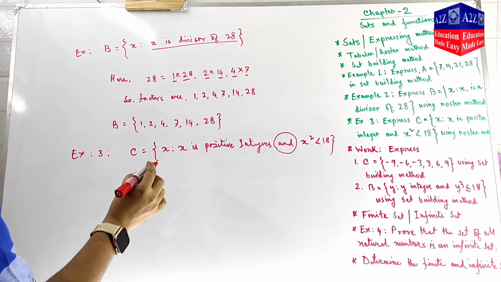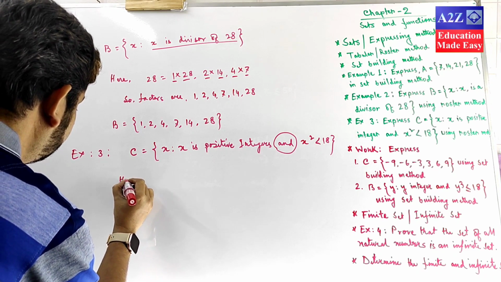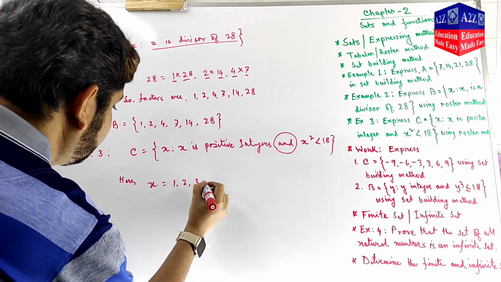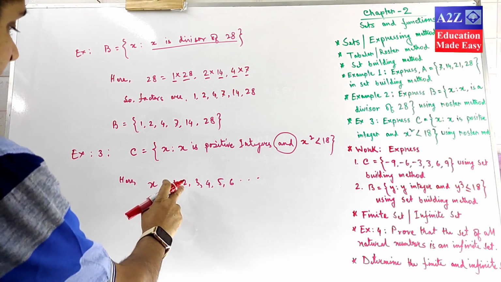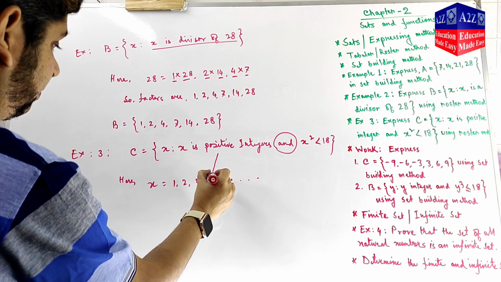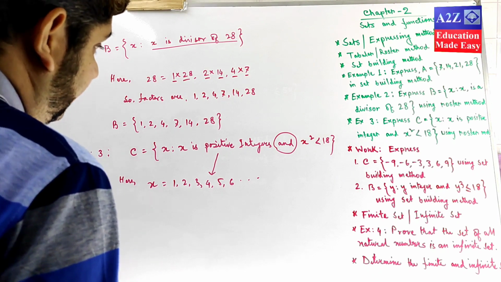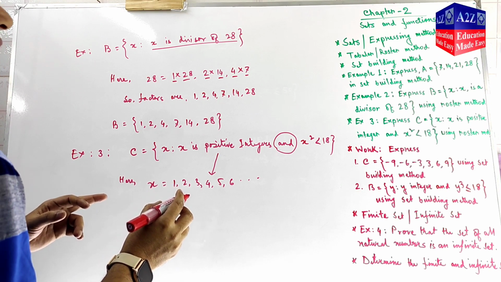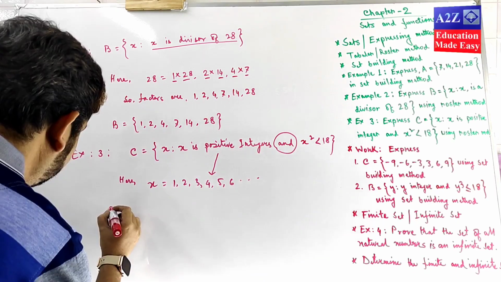As per the first property, x is a positive integer, so x can be 1, 2, 3, 4, 5, 6 and so on. The first property is broken down into details by these items. Now to find the common items of the two properties, I have to fulfill this criterion.